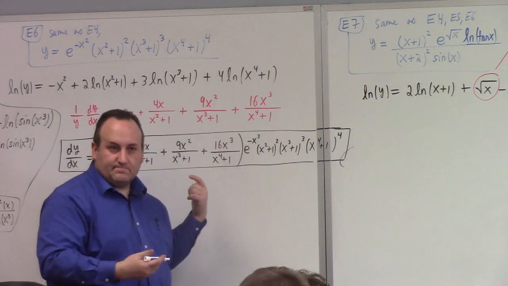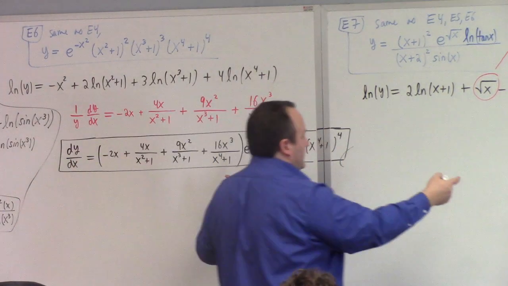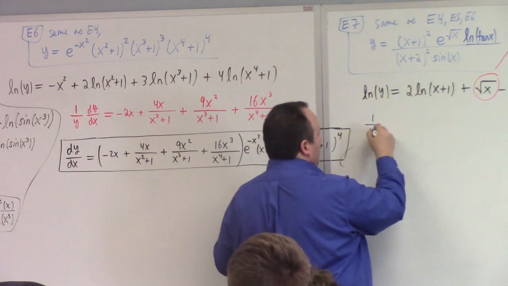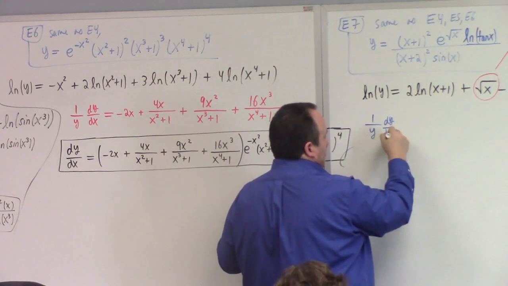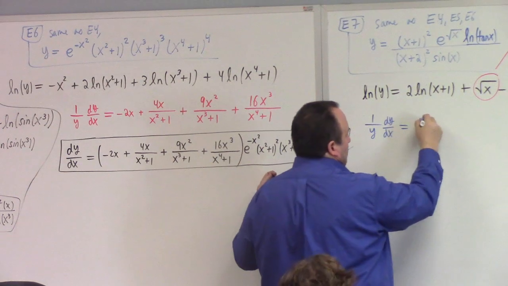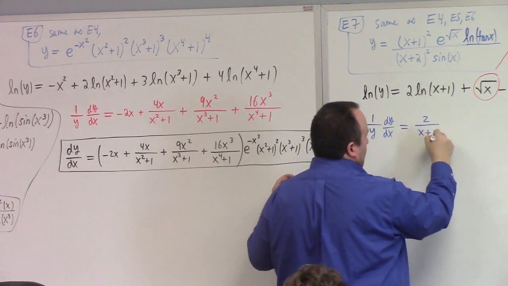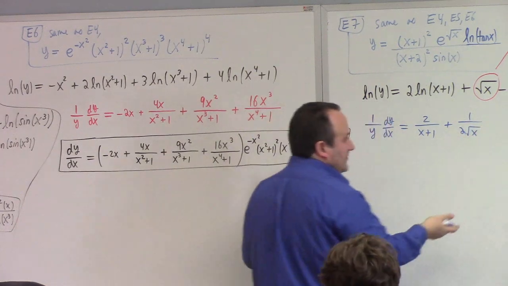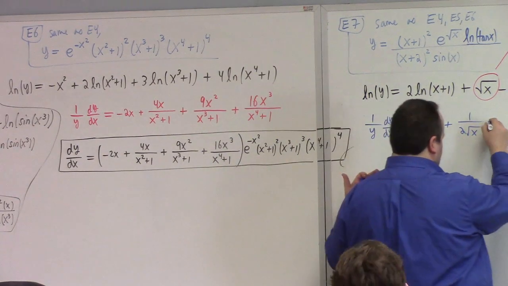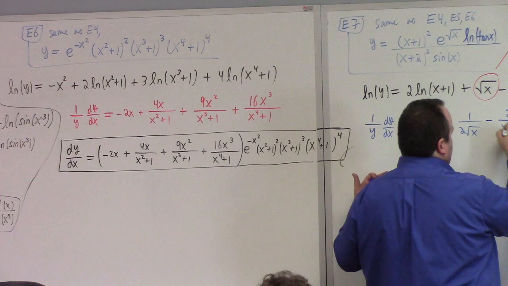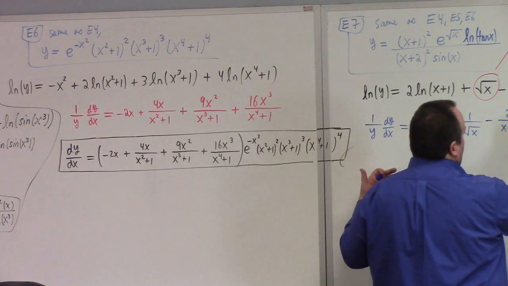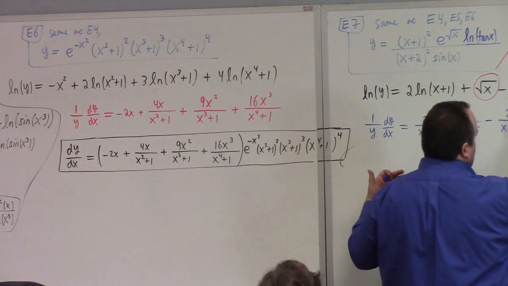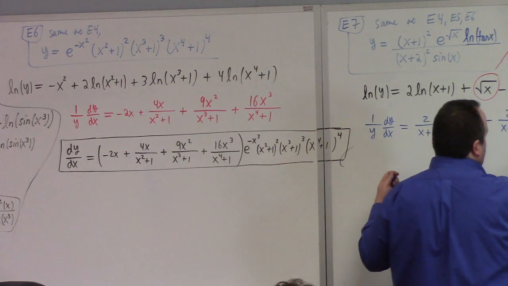Now we differentiate. So differentiating this goes how? Well, 1 over y, dy dx, and then we get 2 over x plus 1, plus 1 over 2 times the square root of x, because that's the derivative of the square root, minus 2 over x plus 2, minus the cosine of x over the sine of x.